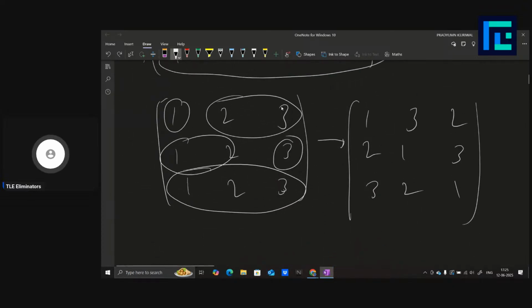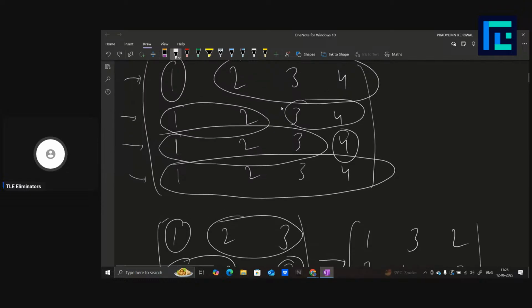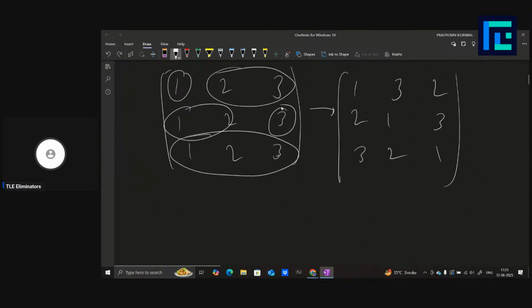And to implement this, we can simply observe what we are doing for the ith row. For the first row, I am doing 1 to I. For the ith row, I'll print 1 to I and I plus 1 to n. These two operations for every row.